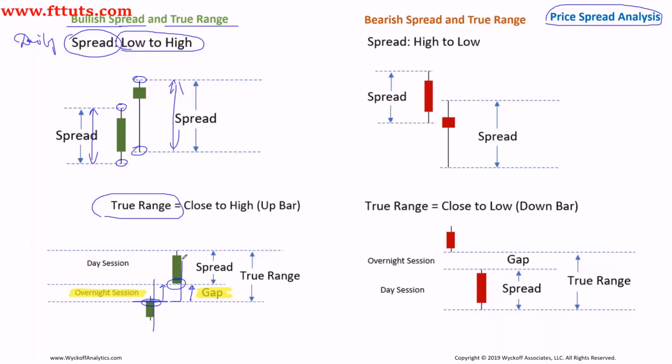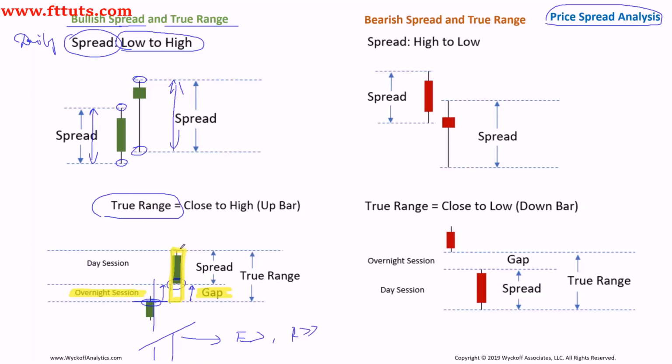So all of the movement that we have, this difference between the high and the previous day's close, that's going to be the true range. And when we do our effort result analysis, we're going to say, let's say, on the increasing effort, we're going to see the increased result.